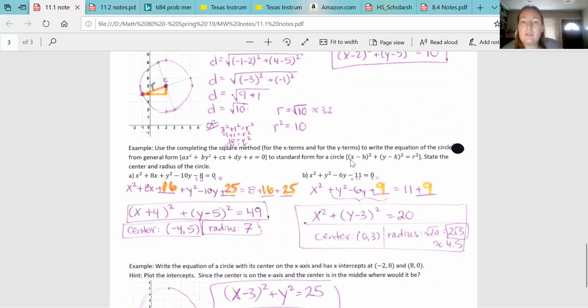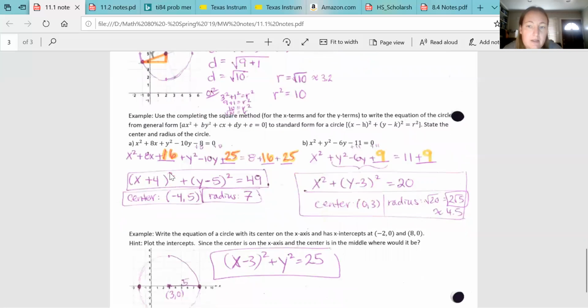So this is our goal, to have a perfect square plus another perfect square on the left side and then equals something else. And so we can take our general form where it's all multiplied out and use completing the square to take our x terms and complete the square, take our y terms and complete the square. And that constant will go over.